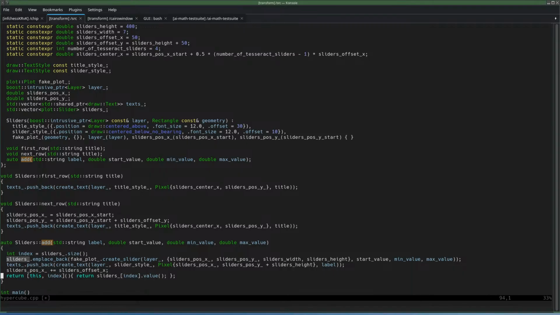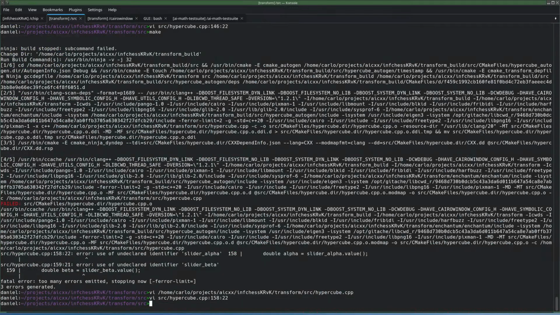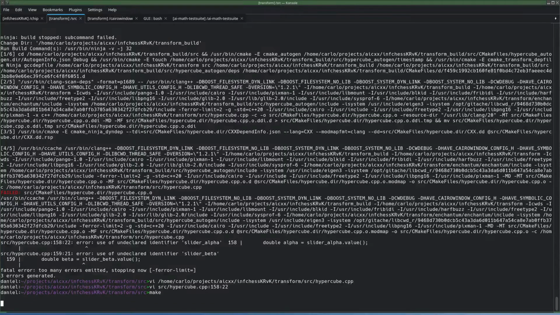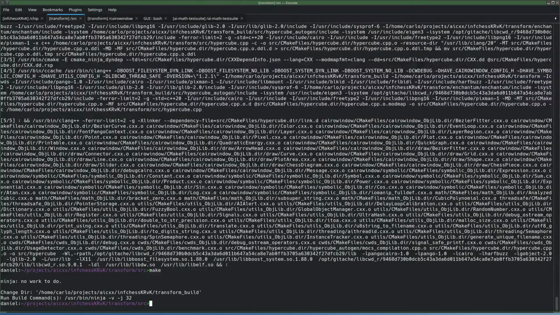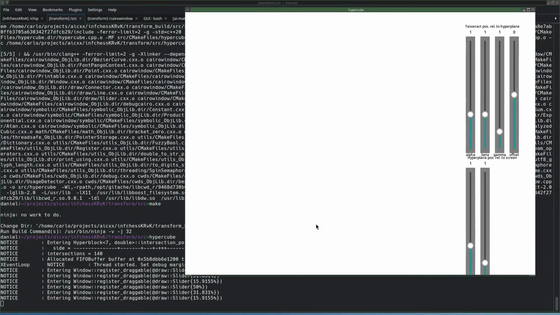Wonder if that works. Well, it compiles and it links. Therefore, you know it will work. Bang!